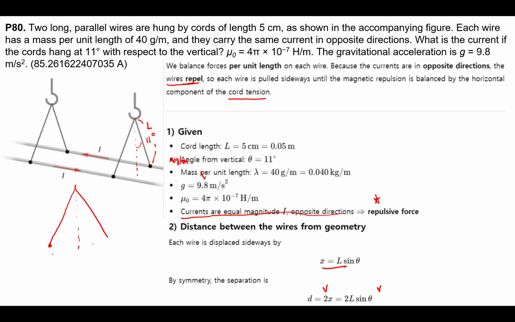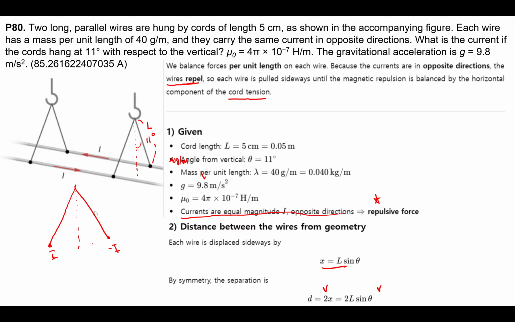Let's say this is I, and this is minus I. What is happening here is that it is hung by these massless cords, and it has a tension because it has a mass.